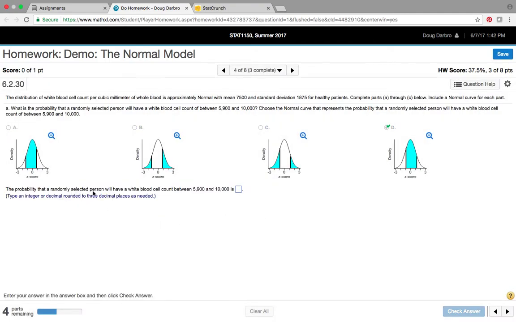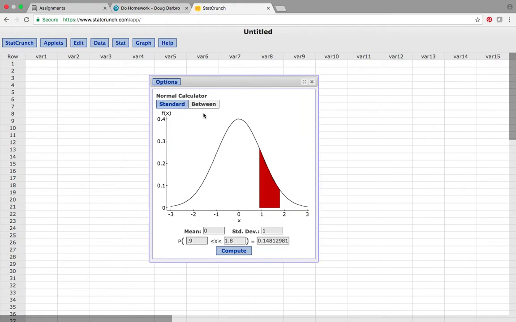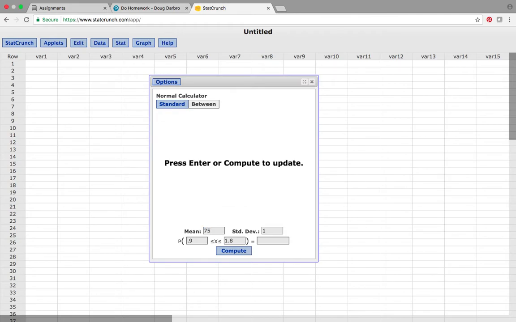Now find the probability that the randomly selected. Now guys, this is an interesting place in that we can use either the z-score or the raw score. And I want to demonstrate this as a teaching moment. So I want the between. If I use the white cell count, then the mean would be 7,500 and the standard deviation is 1875.